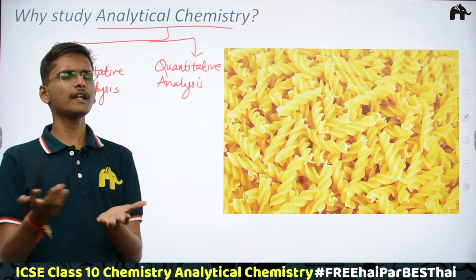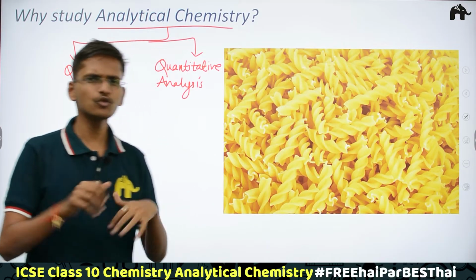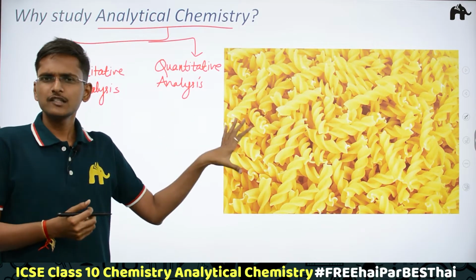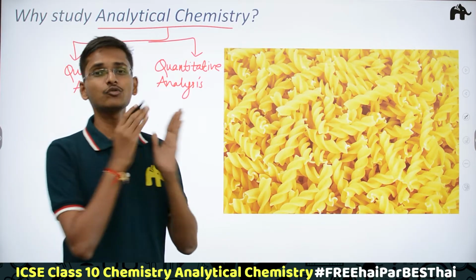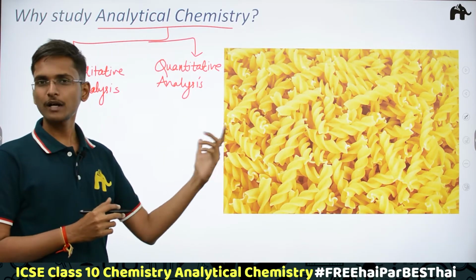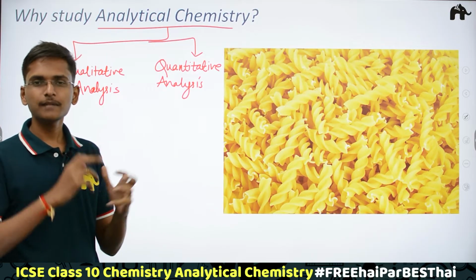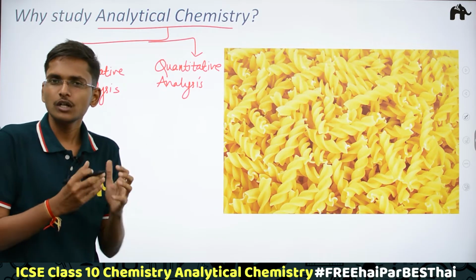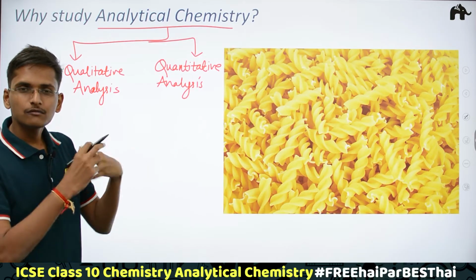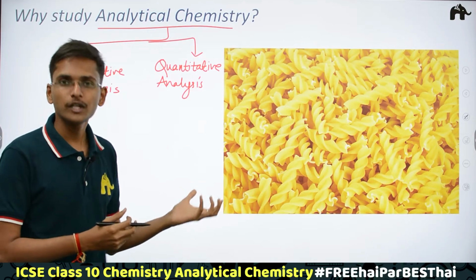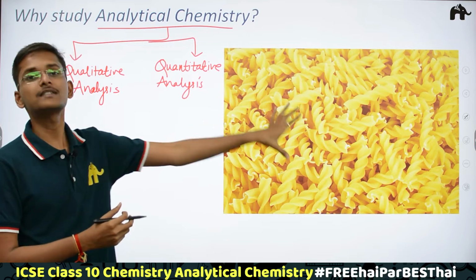Suppose I take the example of lead. Is this lead present in this pasta or not? If I want to find the answer to this question, it means I'm trying to find out a particular component in this substance, and what I'm doing is actually analyzing the presence of that component in this substance.